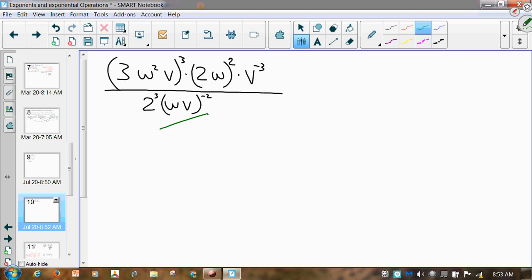When we have a negative exponent, however, sometimes it's more convenient to apply the reciprocal rule first, because this whole group is raised to the minus 2. If we just take it upstairs, it would become wv to the positive 2, right? And that might be a little easier to deal with than doing our negative exponents down here and bringing it out and then doing the subtraction and all that good stuff.